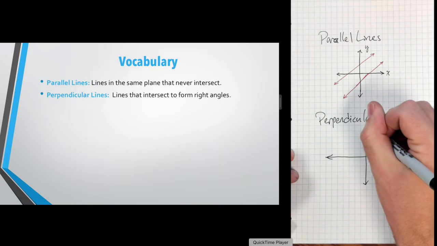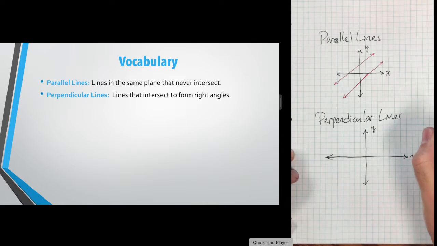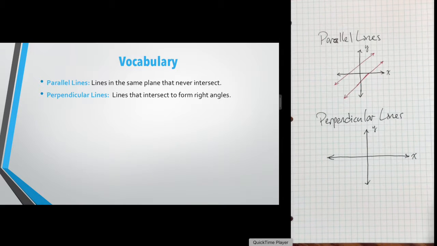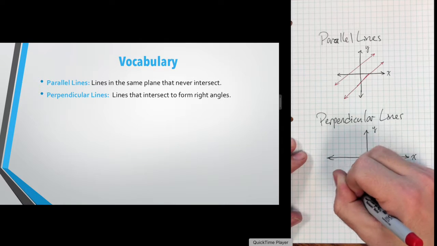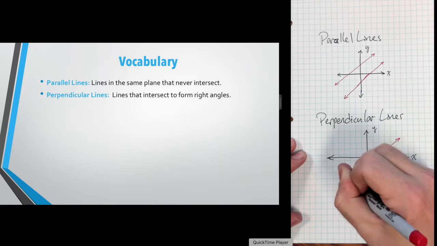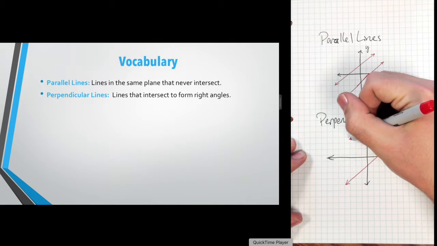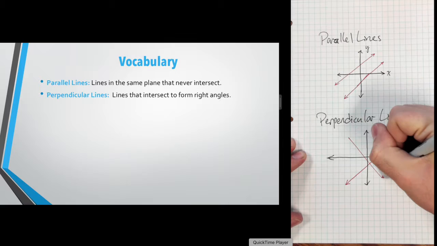In this case, we don't really care about how many units there are, how many spaces there are on the graph. But perpendicular lines. Now, one interesting thing is the axes are actually already perpendicular lines. So here's an example of what perpendicular lines might look like when we graph them.